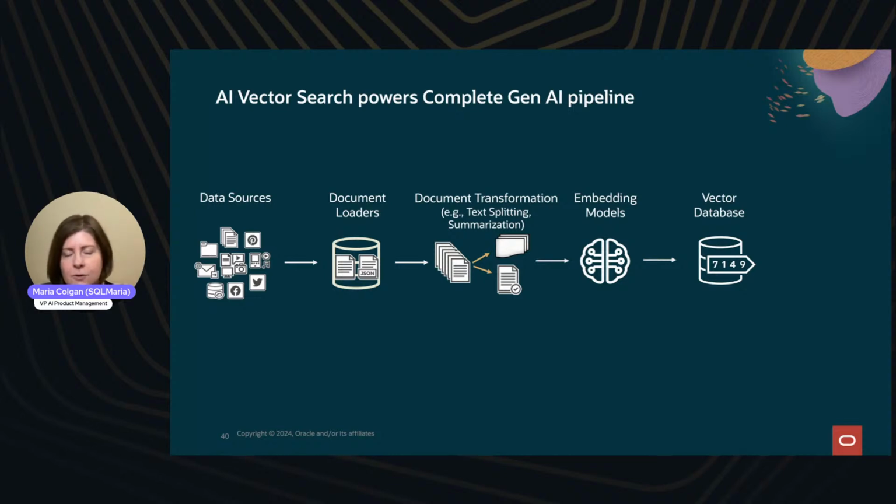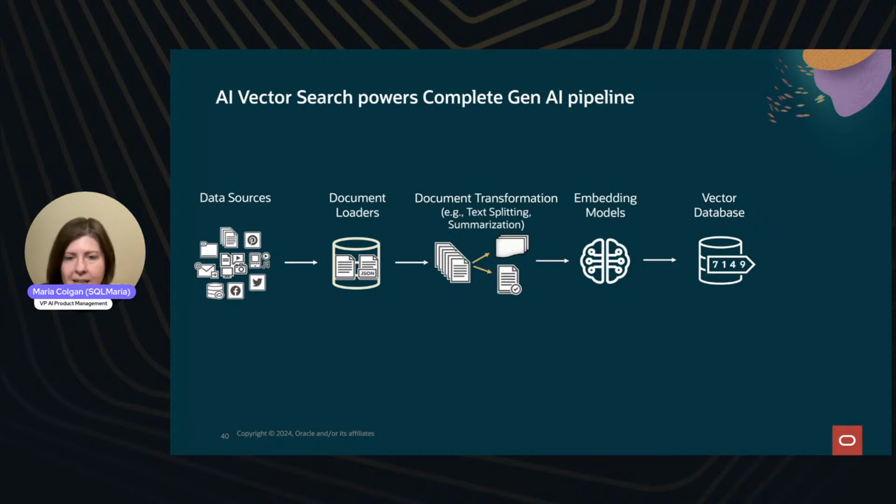I wanted to remind you that using the Oracle database, you can have a complete Gen AI pipeline. So you can have unstructured data, you can bring it into the Oracle database, have us transform that data and vectorize it and put it into the database as vectors.